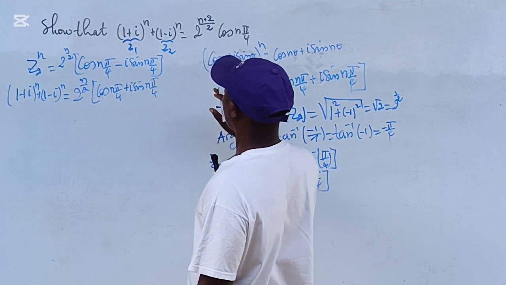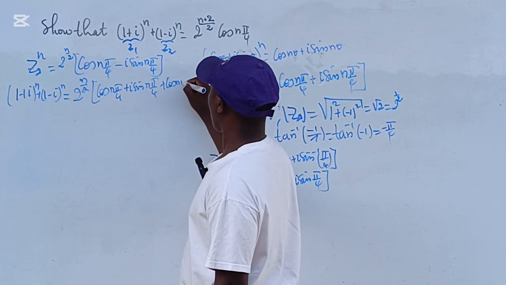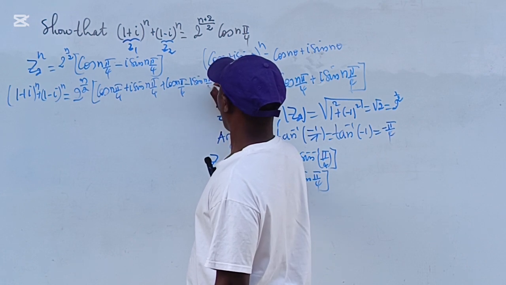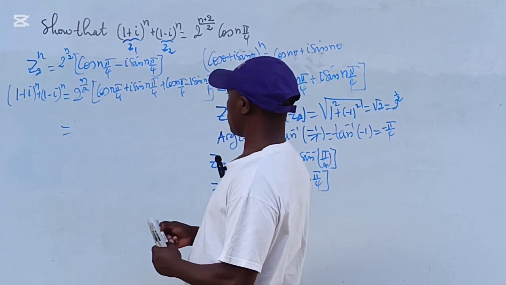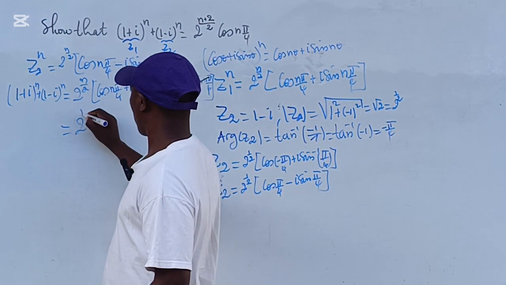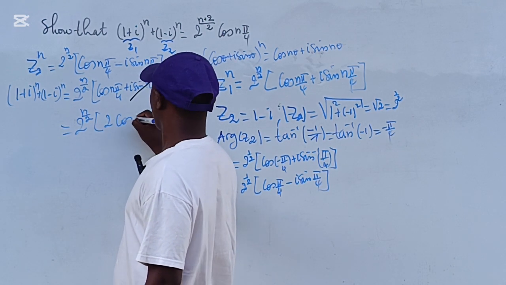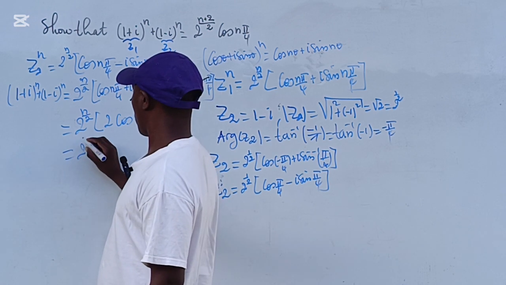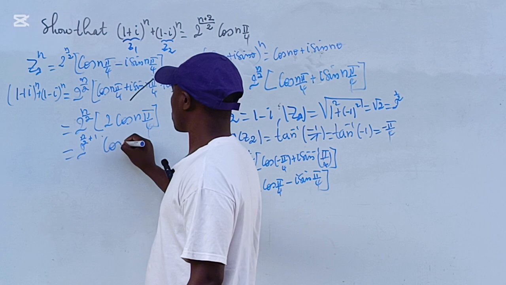We are going to add this cosine n pi over 4 minus i times sine n pi over 4. As you see, these have different signs, that's why they will cancel one another. This is 2 power n over 2 into 2 times cosine of n pi over 4. As you see, this is 2 power n over 2 plus 1, summing the powers, times cosine n pi over 4.